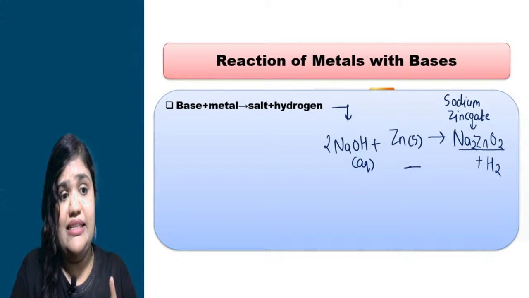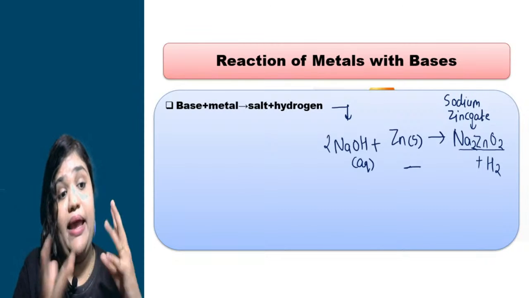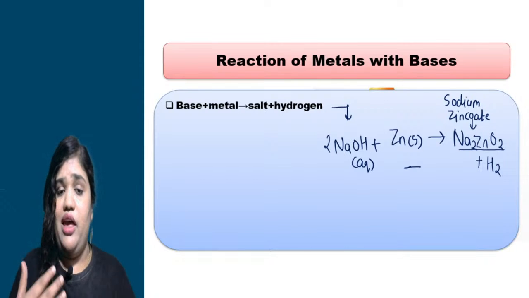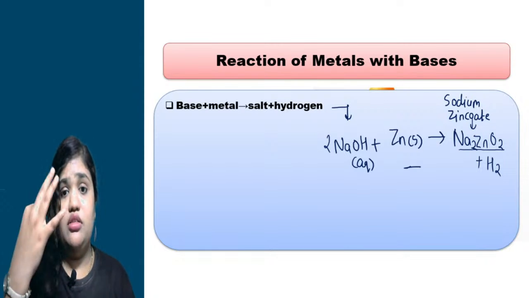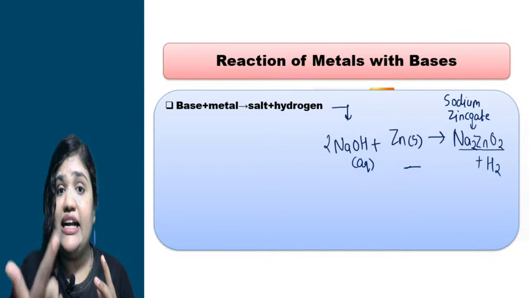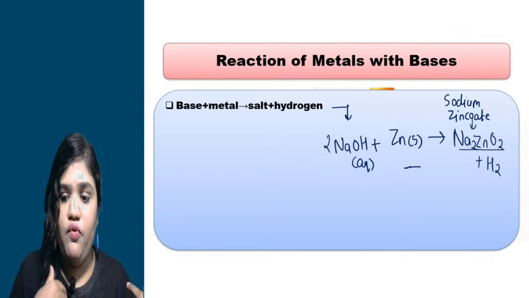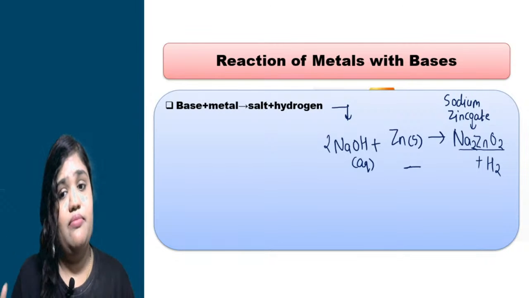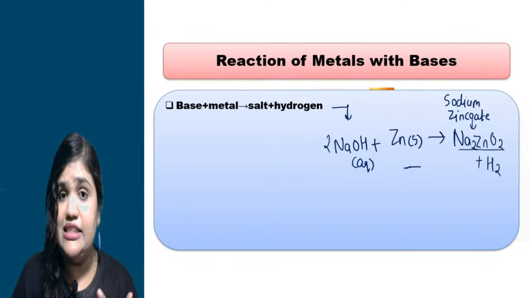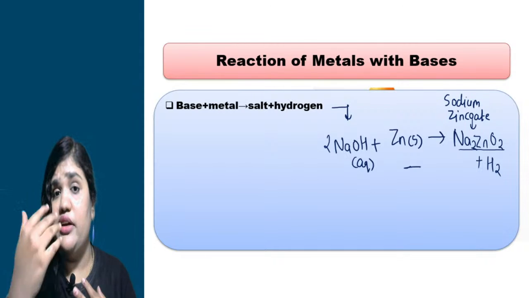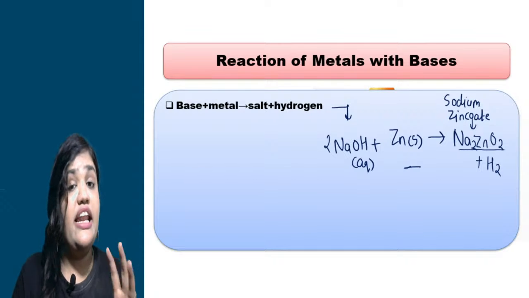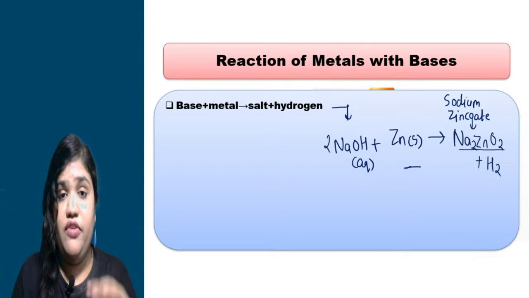When metal reacts with base, there is a formation of salt along with hydrogen. So we have discussed three things: when metal reacts with water or steam, when metal reacts with acid, and when metal reacts with bases. We have learned about the chemical properties of metal, the reactions of metal with water, steam, acid and bases.